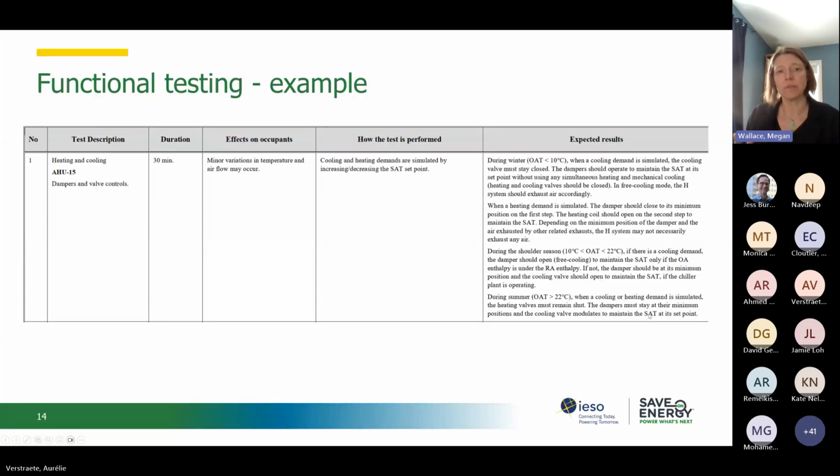In this case, we're anticipating minor variations in temperature and airflow. We also describe how the test is performed and what the expected results are. This form is filled out before the testing is completed, and then after the testing, on-site observations and recommendations would be added.